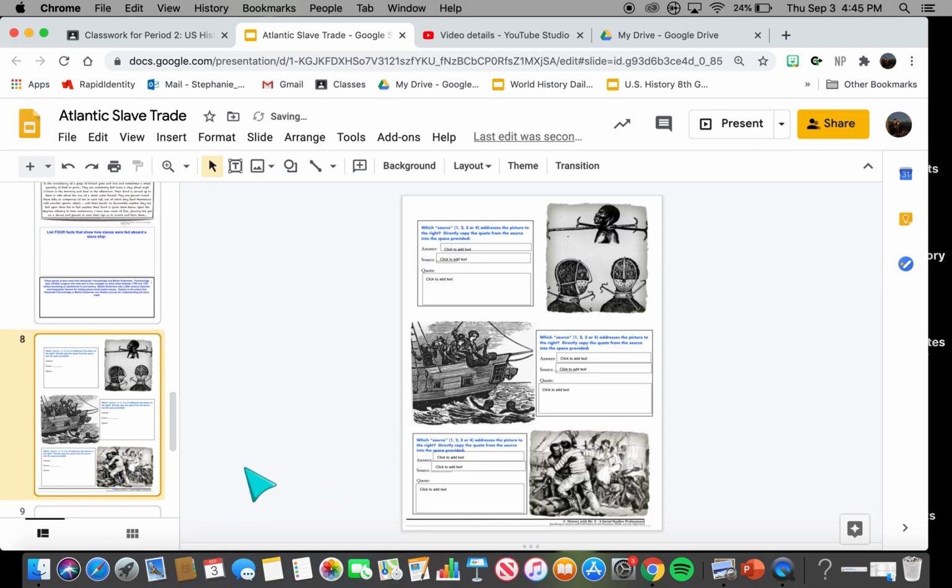So the next slide, this is where it kind of gets rough. Again, make sure that you're taking your time and you're thinking of yourself. So it says, which source 1, 2, 3, or 4 addresses the picture to the right? Directly copy a quote from the source into the space provided.